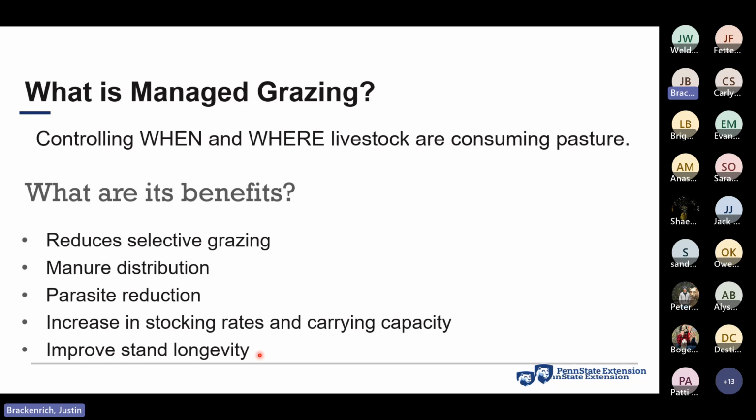And if you're not able to get 5, 7, 10 years out of something and depreciate that at $50 a year, it really starts to be more difficult to justify these stands. And so that's where I really like to see this. We're improving the longevity of that stand. We're allowing these desirable species to show and grow and exist, compared to continuing to just have Kentucky bluegrass dominate these stands.